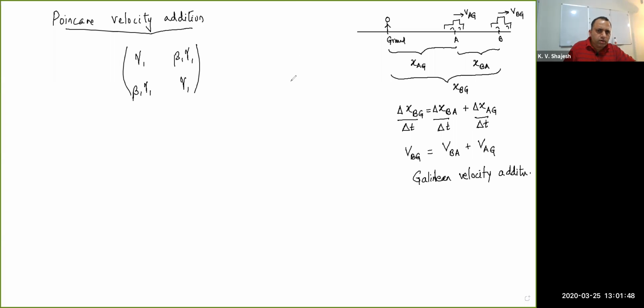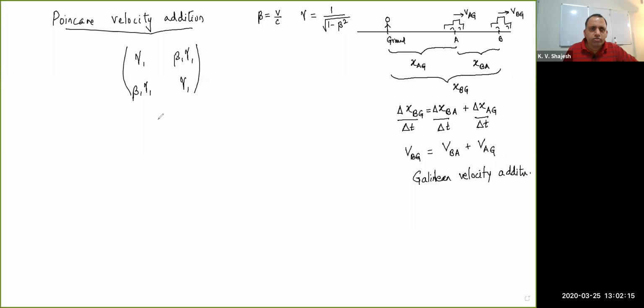Beta here is v over c, and gamma is given in terms of beta as the square root of 1 over 1 minus beta squared. So that's where the velocity sits in the Lorentz transformation.